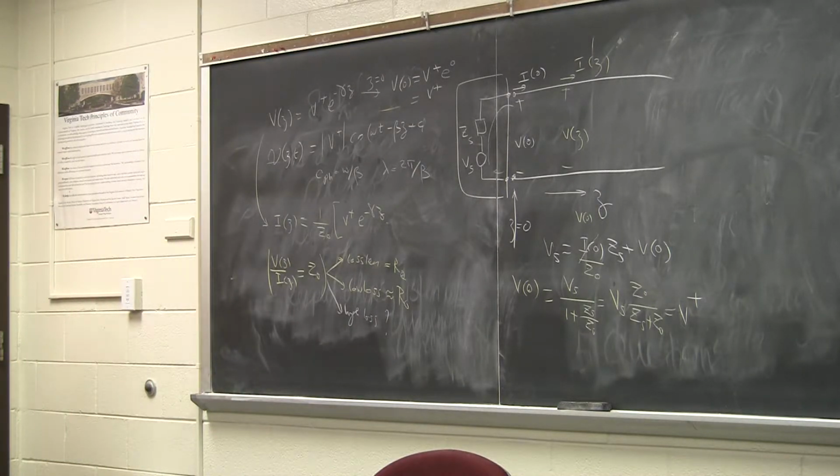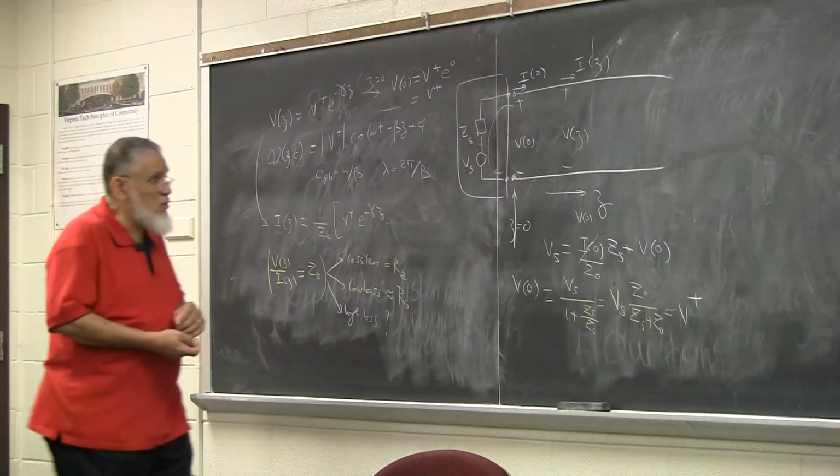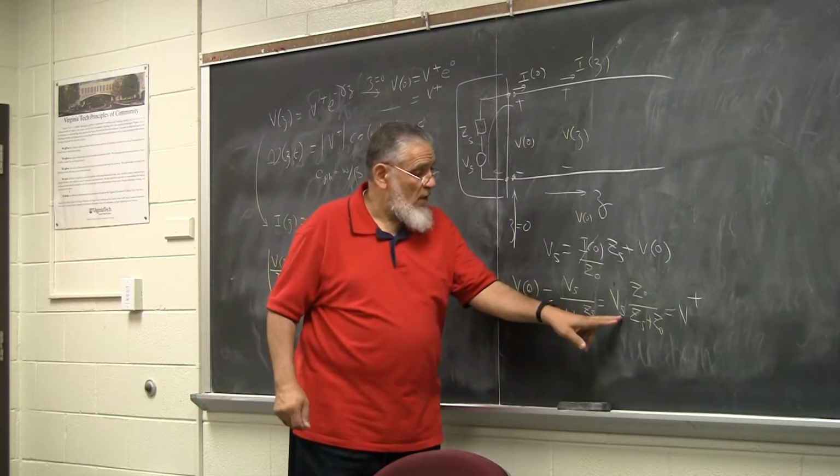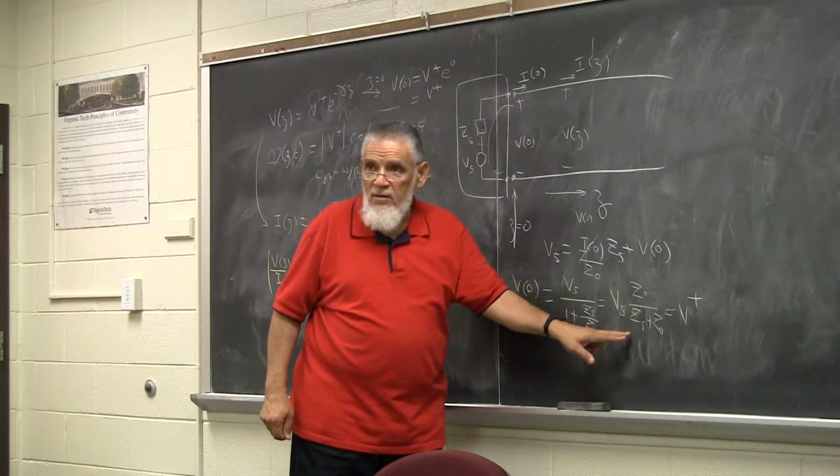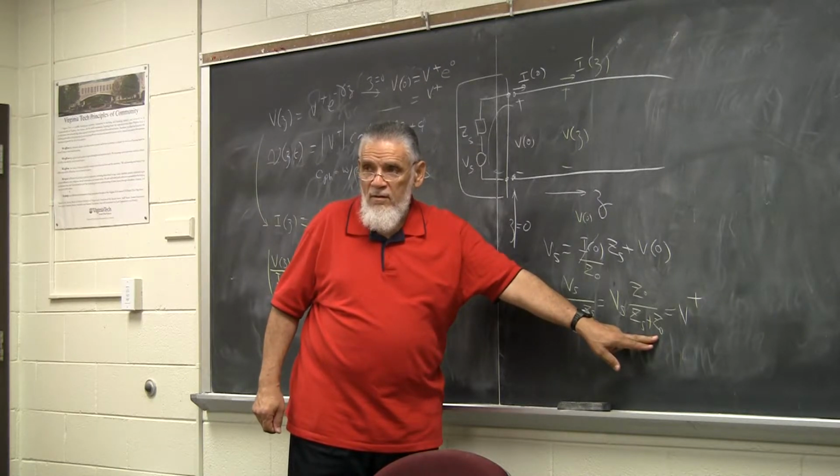This is one of the simplest cases that you can ever deal with, and it comes out very smooth. And we know my V plus, so I have the full solution now. My V plus seems to be a voltage divider of Vs between Z0 and Zs. Right? And guess what?